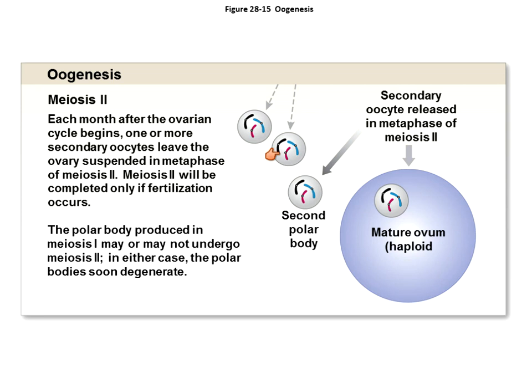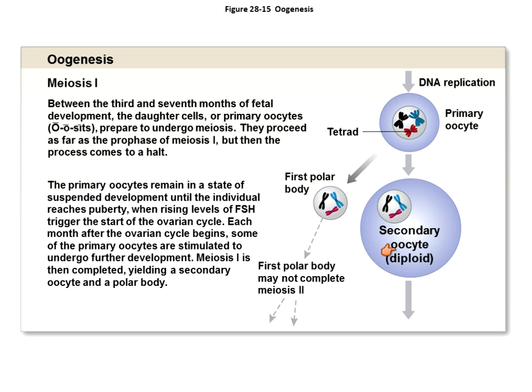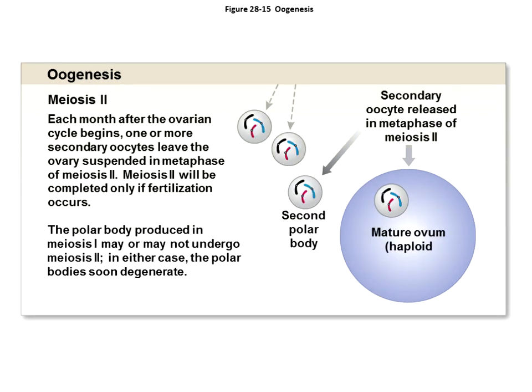So these over here are also our polar bodies, and as we had this secondary oocyte go through meiosis II, we release a secondary oocyte in metaphase of meiosis II. We have a second polar body, and we have the ovum here that is now more mature.